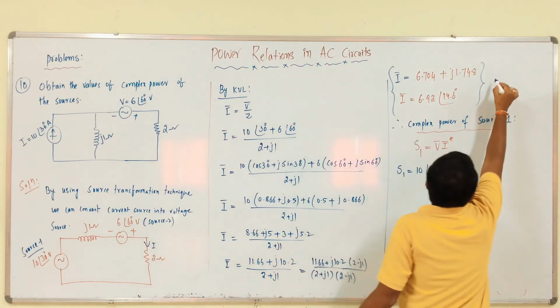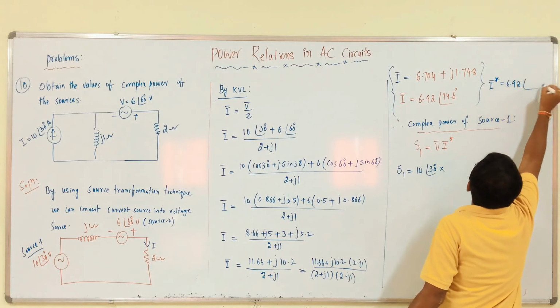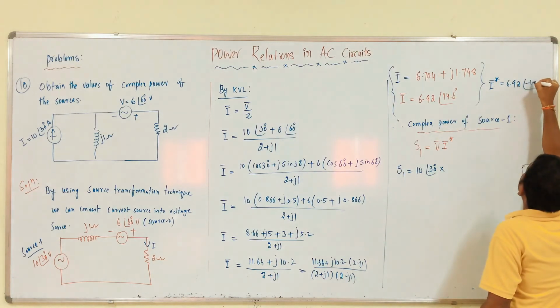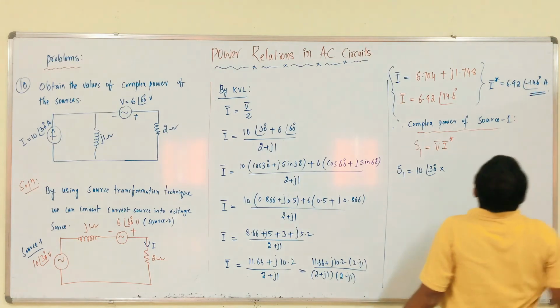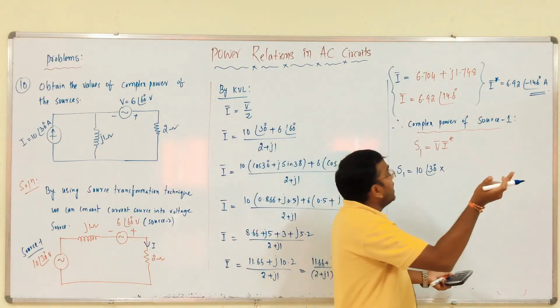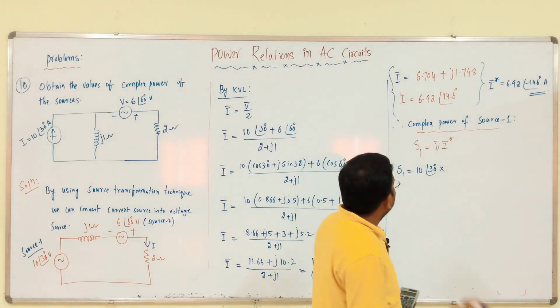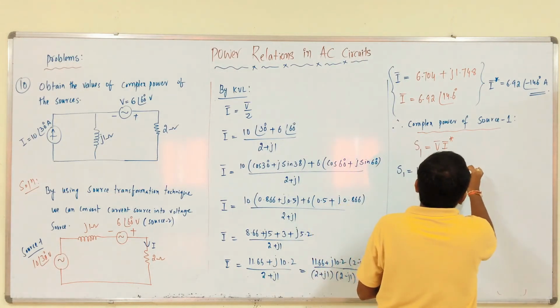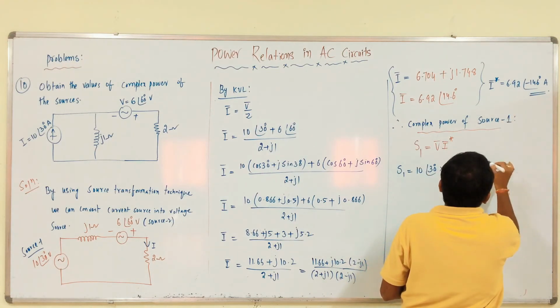From this, I conjugate is what? 6.92, you just have to change to minus 14.6 degrees, that is it. Only the angle changes. If it is minus, minus to plus; if it is plus, plus to minus, that is it. There is no change in the magnitude of current, right. So, I conjugate is nothing but 6.92 at minus 14.6 degrees.